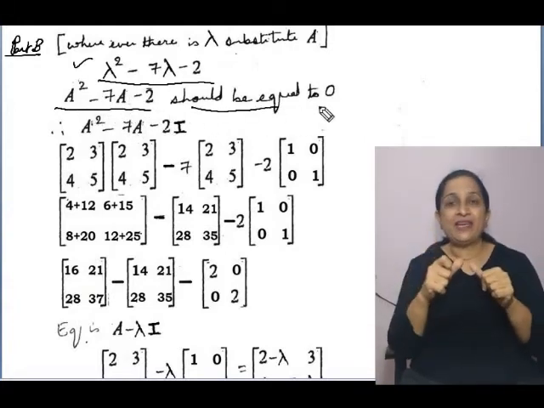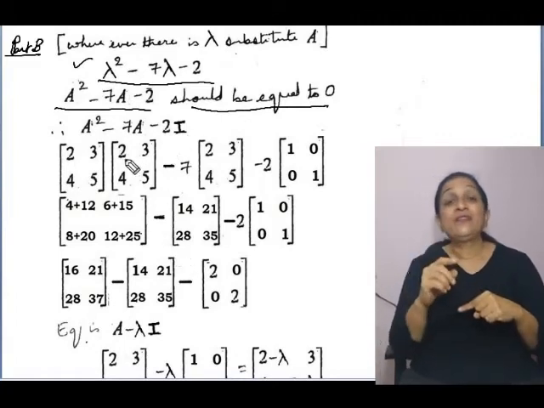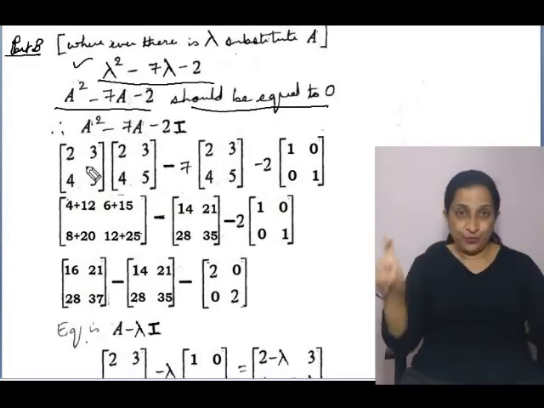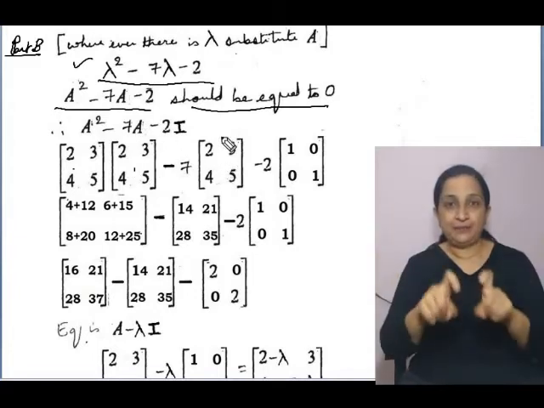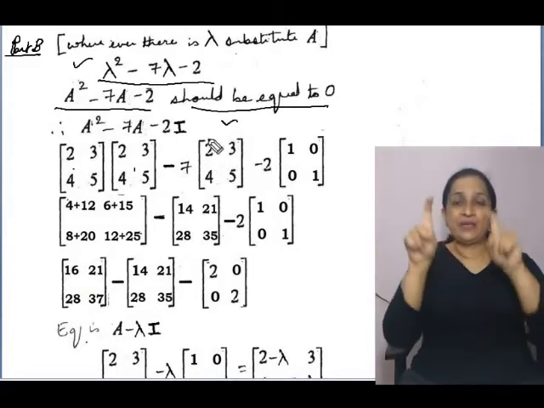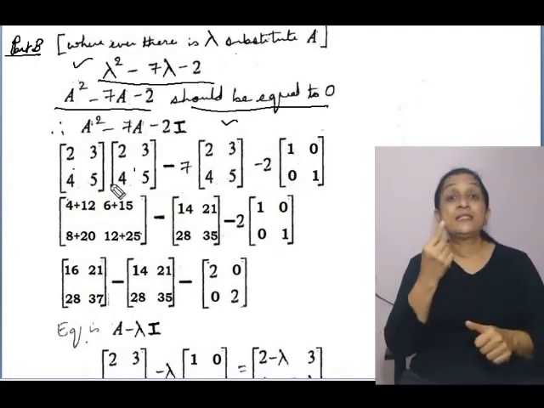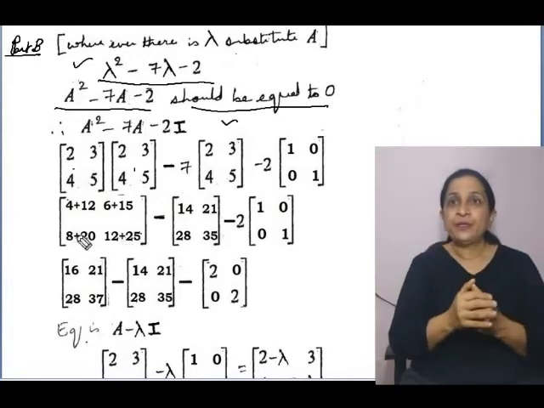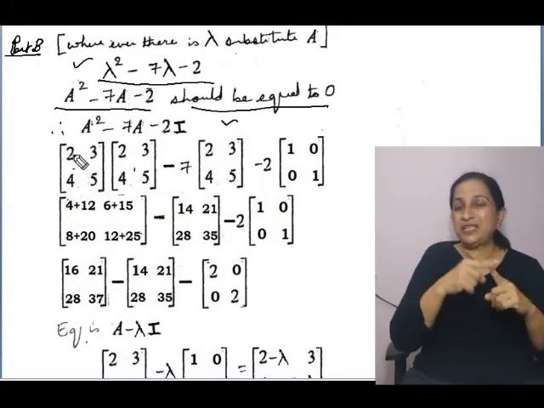You equate it to 0 to prove Cayley Hamilton. So once you do that, A squared, that is A into A of the given matrix, minus 7 times the same matrix and minus 2 times I, the unit matrix, that is 1 1 0 0. If you solve this, you have to simplify it now, figure out how to simplify.